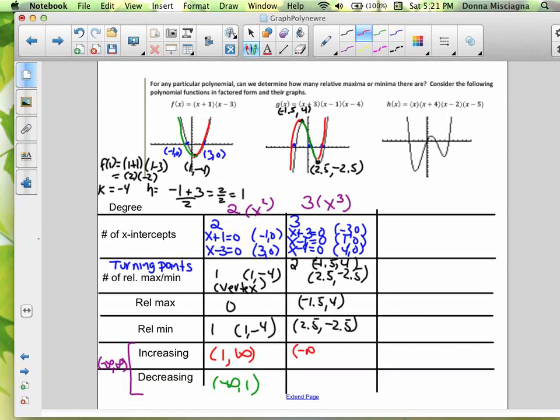And then it stops increasing at our turning point, negative 1.5. And then it increases once more, right, from 2.5 to infinity, where we have it in red. It's decreasing, so the good part of the roller coaster is just between negative 1.5 and 2.5. That's the exciting part where you're going down the hill.